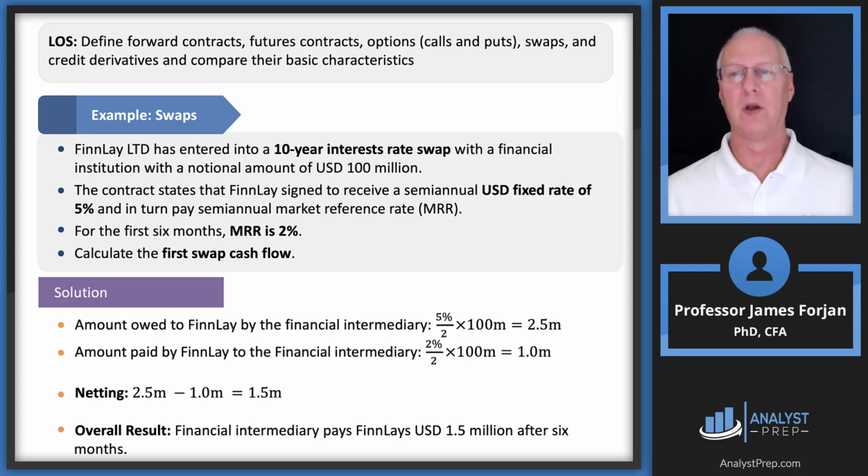So what are we doing? We're receiving fixed and we're paying floating. All right, so for that first, now remember, when we enter the contract, we don't really know what that market reference rate is going to be. So after some time goes by, that market reference rate is 2%. So let's go ahead and calculate the first swap cash flow.